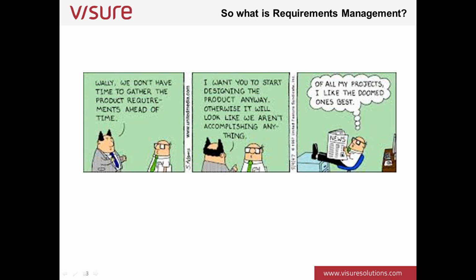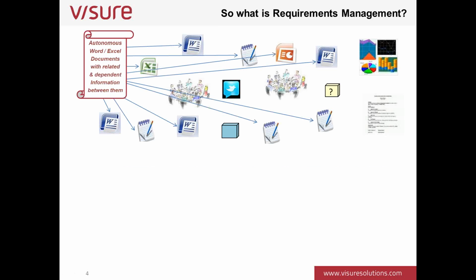So, what is requirements management? If I can come back to my own screen. Typically requirements management is a collection of bits of information, or what I term islands of information, which can be captured in a number of forms: Microsoft Word, PowerPoint, Excel, minutes of meetings, and of course nowadays with social media, things like Twitter are even coming into play as vehicles for sharing information.